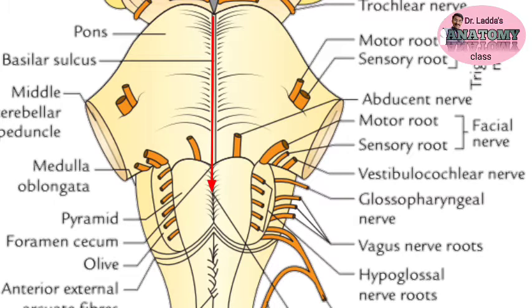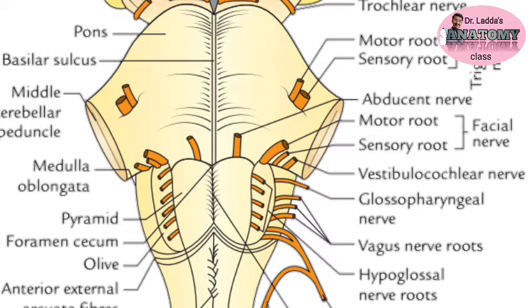The nerves concerned with the pons are the 5th, 6th, 7th and 8th cranial nerves. Among the external features of the pons, you get the basilar sulcus, which is the median line at the base.